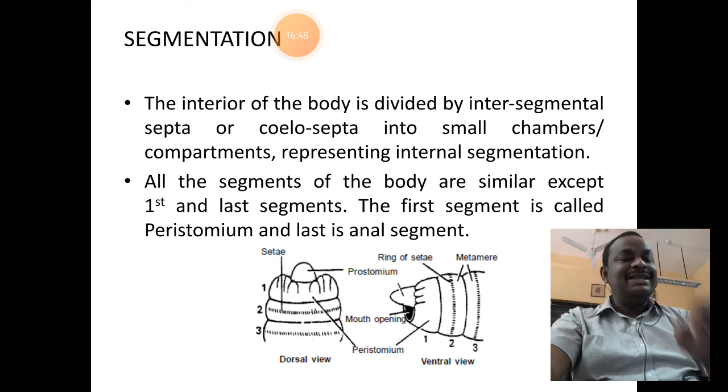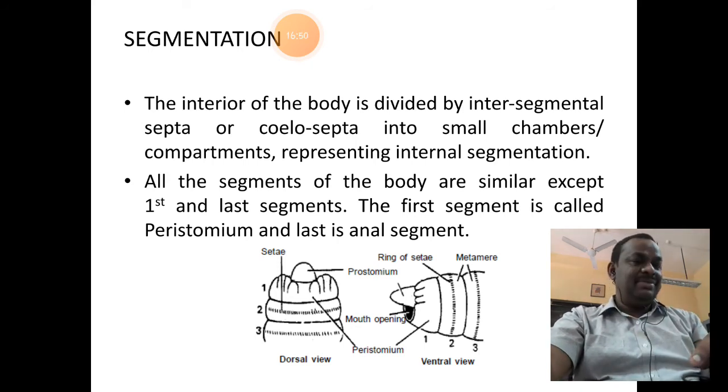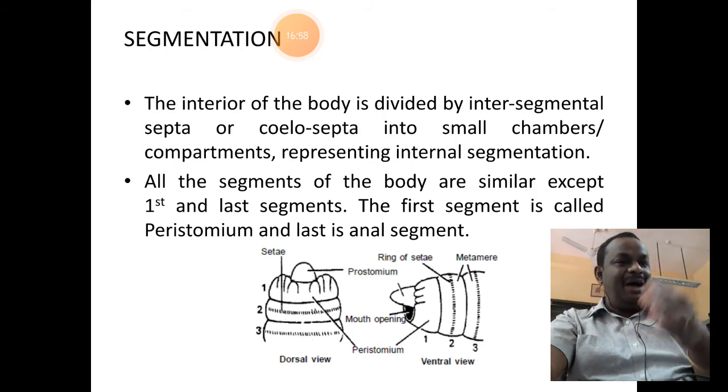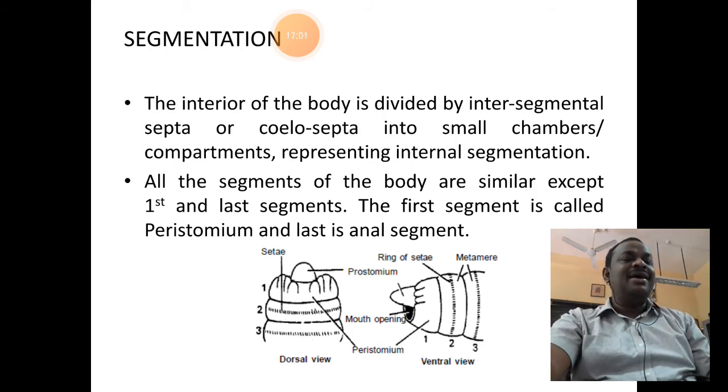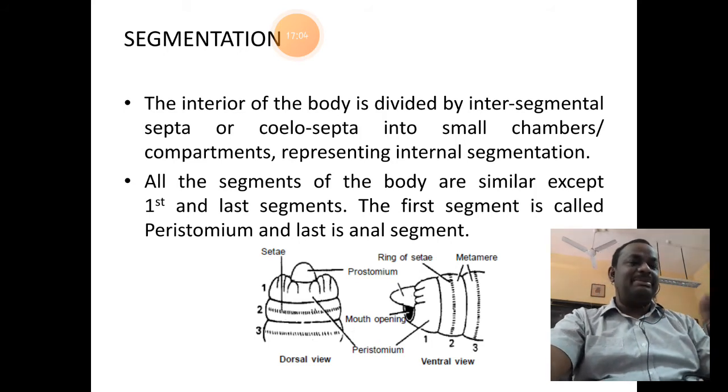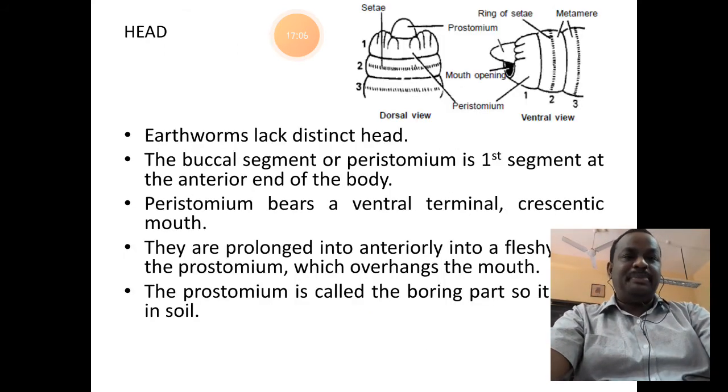So, underneath this prostomium, at the junction towards the peristomium, there is the opening of the mouth. Okay, so this is how the segments can be easily demarcated as the anterior segments and posterior segments for the body of earthworm.